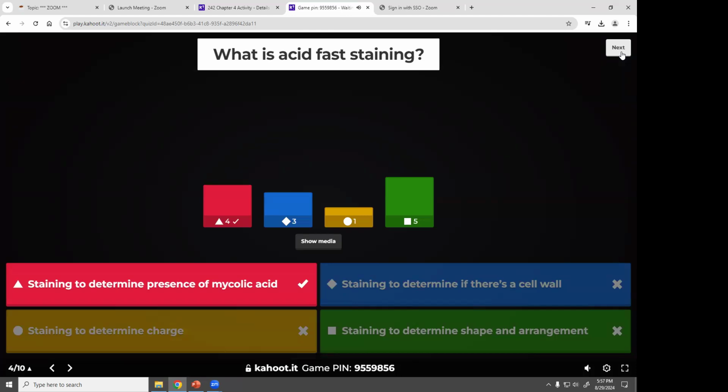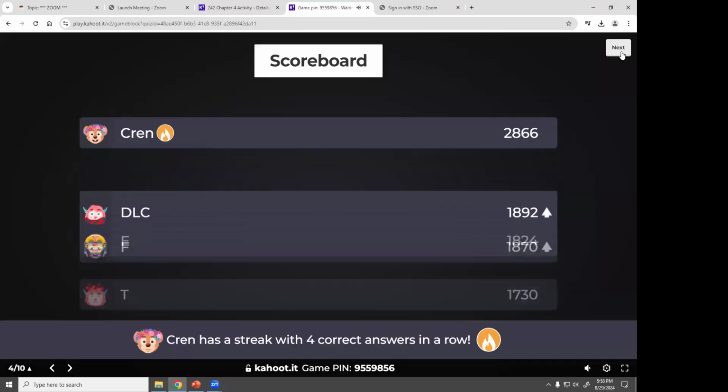This is staining for mycolic acid, which is the waxy substance that we see on Mycobacterium, and the next question has to do with that, so I'm not going to give away too much. But that mycolic acid, that waxy coating, and acid-fast staining involves putting on a stain that is lipid soluble so we can stain for that waxiness and see if it is there or not. And that's pretty much what it relies on. Okay, moving on to the next one.